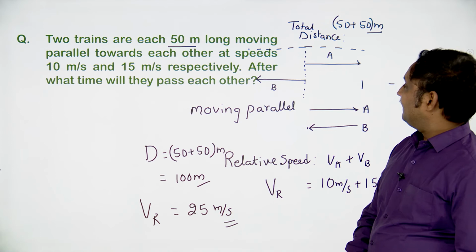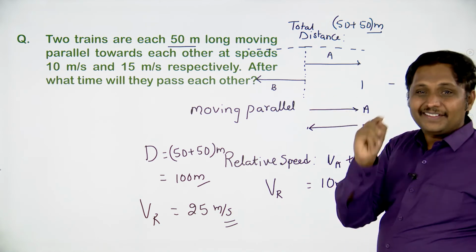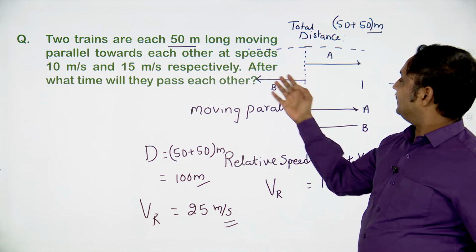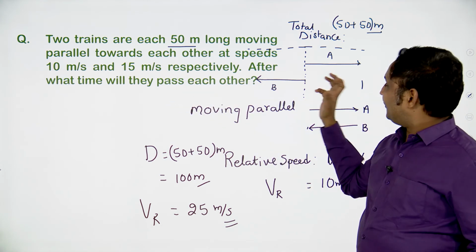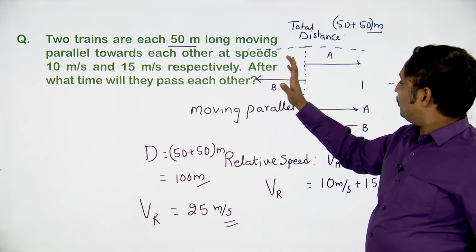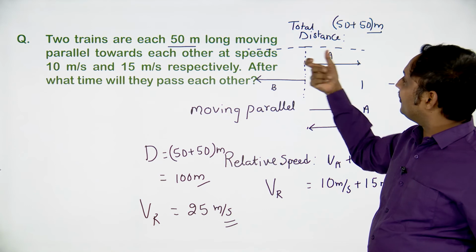Yes, they are crossing each other. It's very simple. Let us assume, depending on the speed of B, 15 meter per second, the train B is going to cross the train A. So, in order to cross, it has to travel that 100 meters.